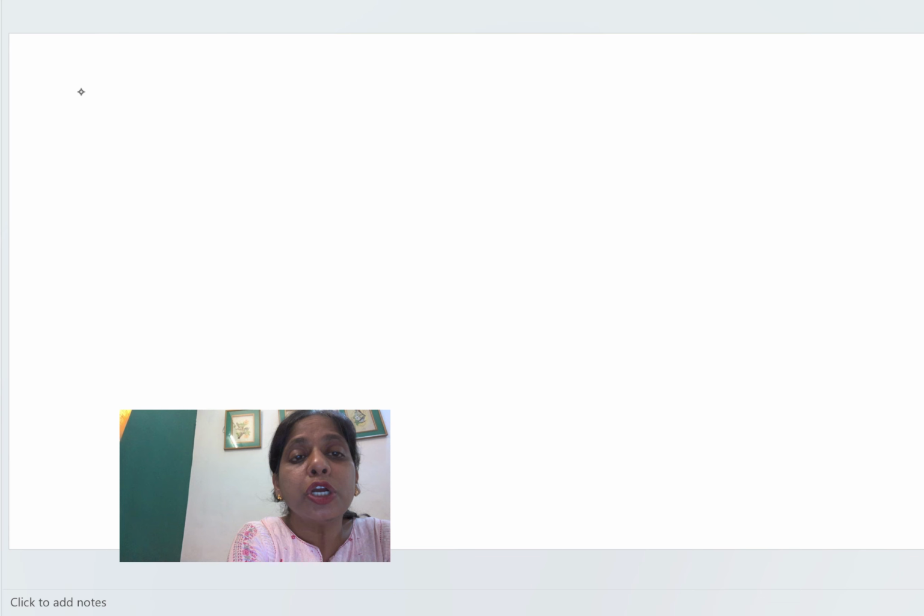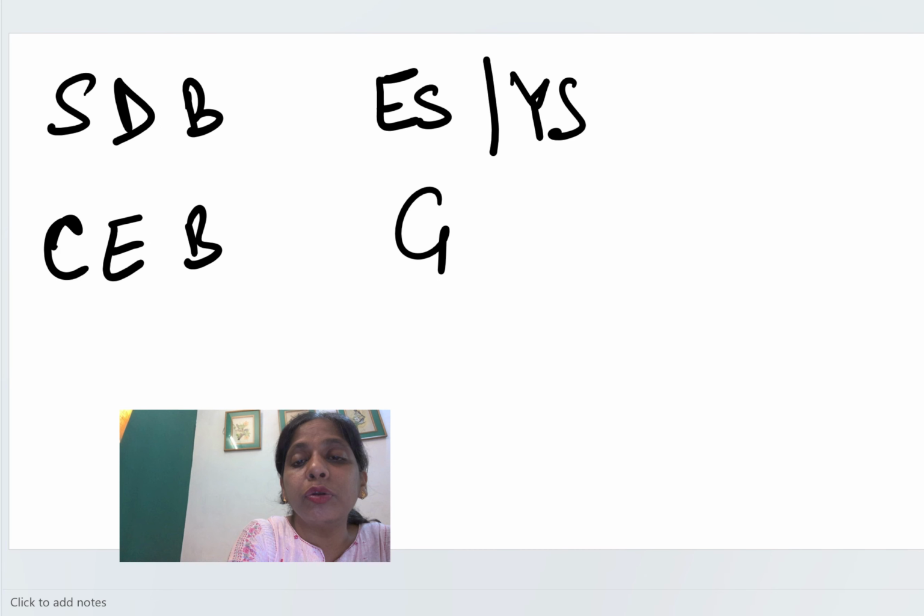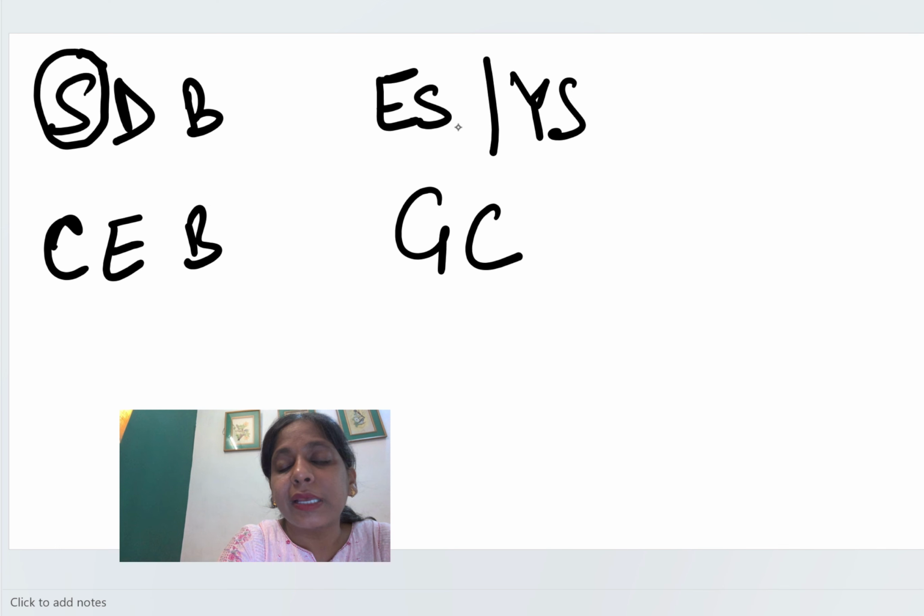See, Schiller-Duval bodies are of endodermal sinus tumor or yolk sac tumor, and Call-Exner bodies are of granulosa cell tumor. Okay, so Schiller-Duval starts with the letter S, and this S is the second alphabet here. Call-Exner body has C, and it is also the granulosa cell C tumor.